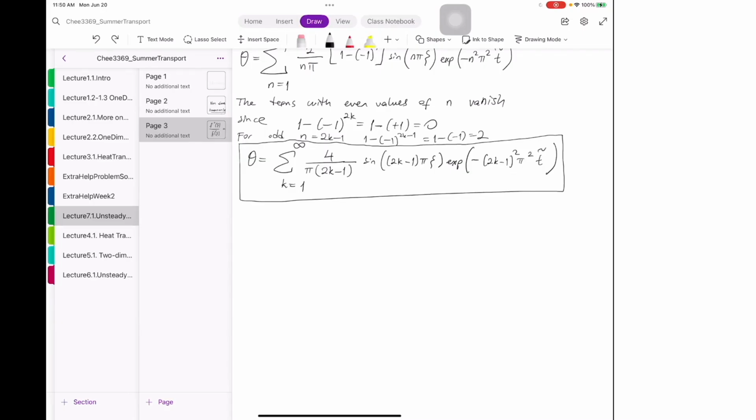Good. Okay. Now, you can actually solve this problem with different geometries.